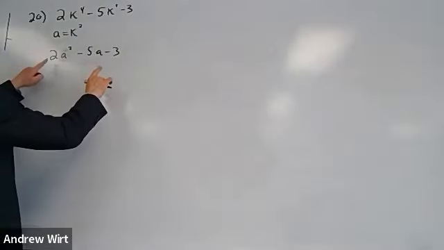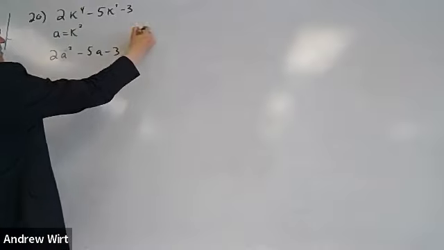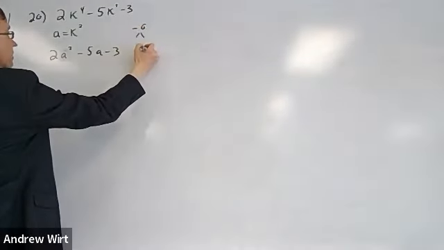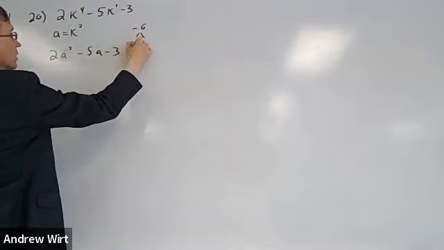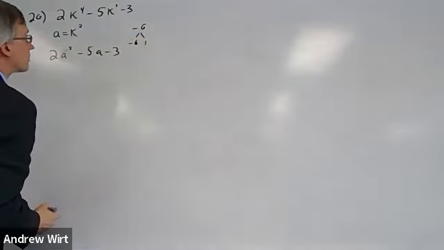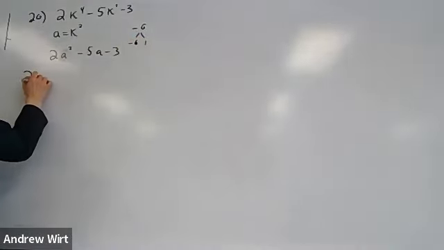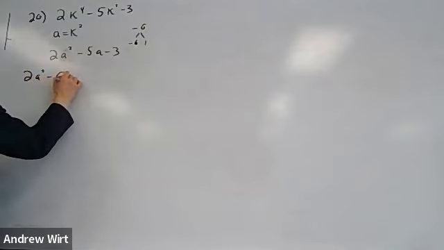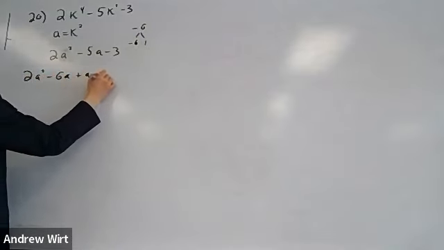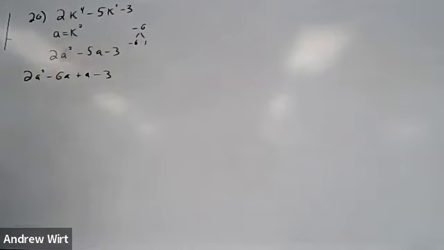All right, so AC, 2 times negative 3, that's negative 6. And negative 6 breaks into, say, negative 6 and 1. So we can rewrite this as 2a squared minus 6a plus a minus 3.